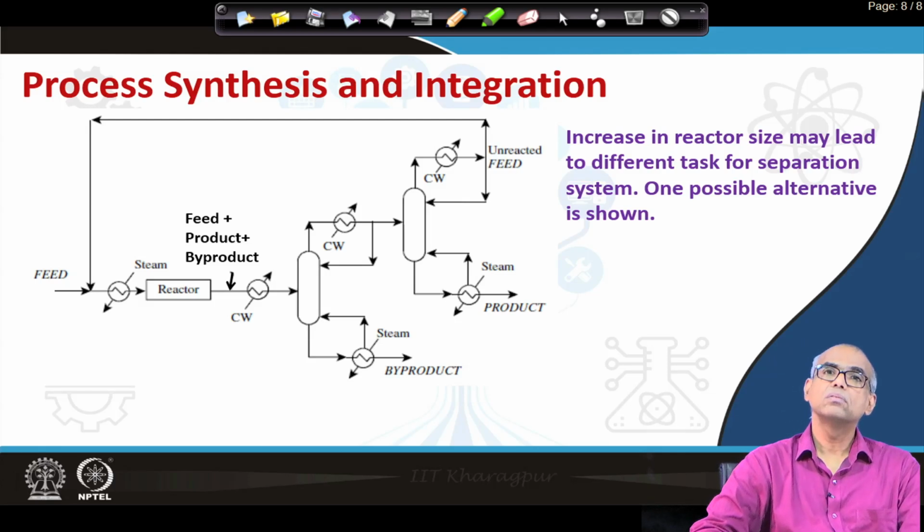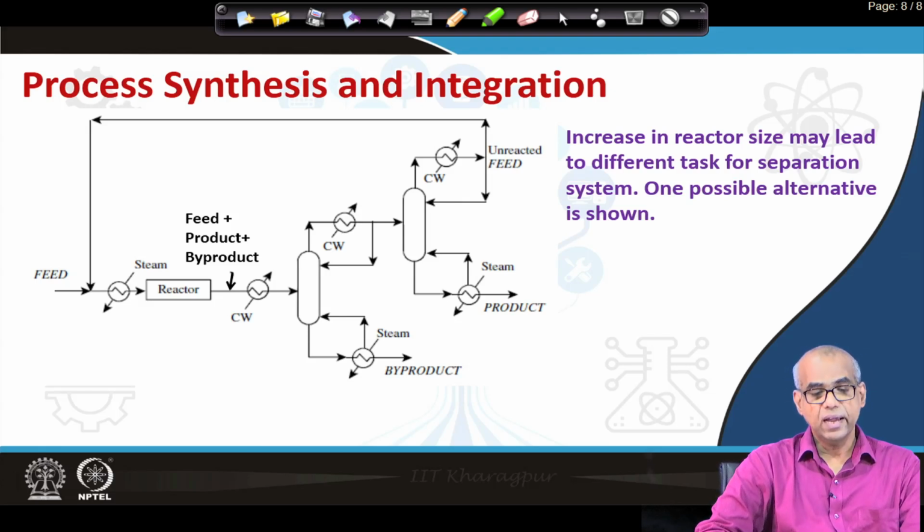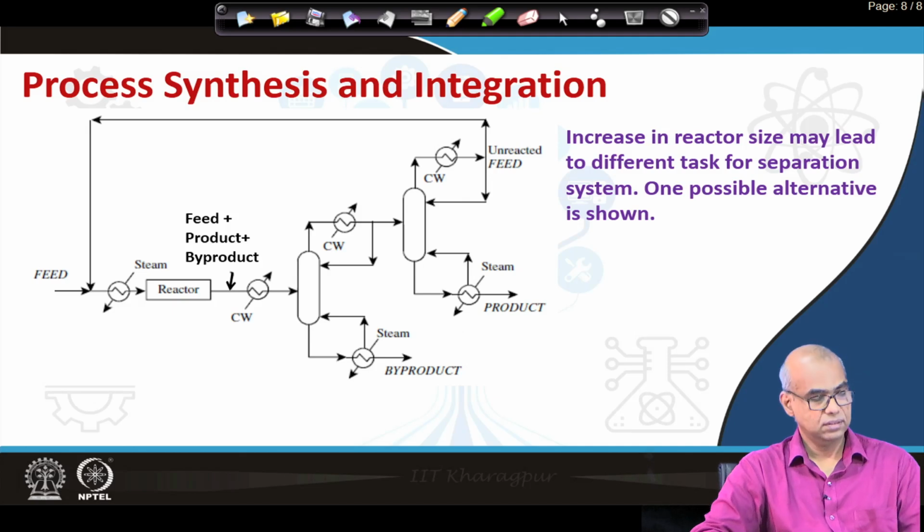Now, let us consider that I increase the reactor size. If we use a reactor of a different size, this will lead to a different task for the separation system. Why?